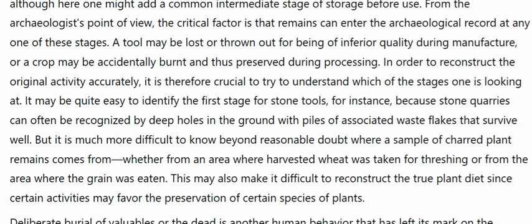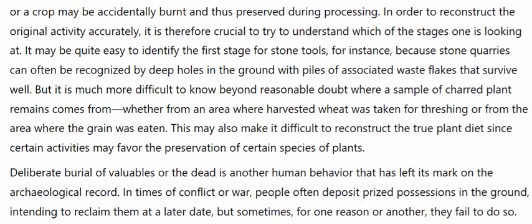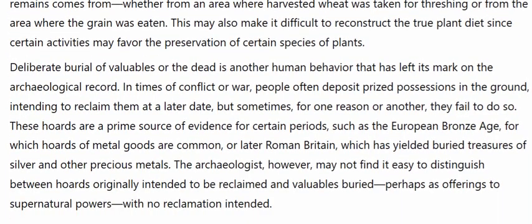But it is much more difficult to know beyond reasonable doubt where a sample of charred plant remains comes from, whether from an area where harvested wheat was taken for threshing or from the area where the grain was eaten. This may also make it difficult to reconstruct the true plant diet, since certain activities may favor the preservation of certain species of plants.